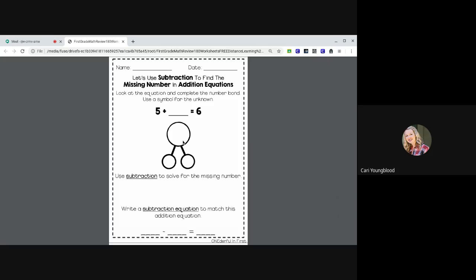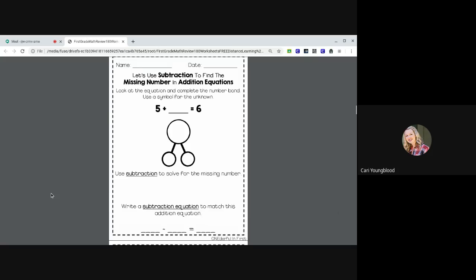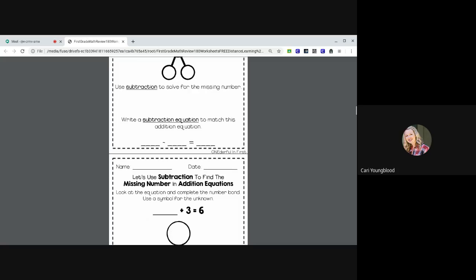I know my whole number was 6. If I take away the part that I do know, the part that's left is going to be my missing part. You should have gotten 1. Go ahead and write that. Check your equation: 6 minus 5 equals 1. You can pause the video if you need to continue writing. I'm going to scroll down to the next one.